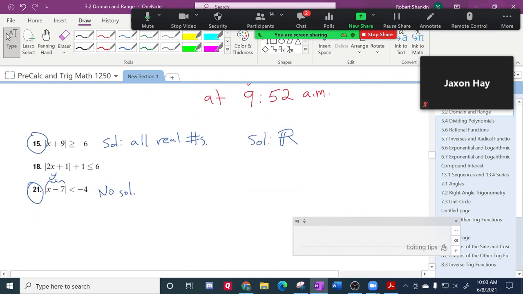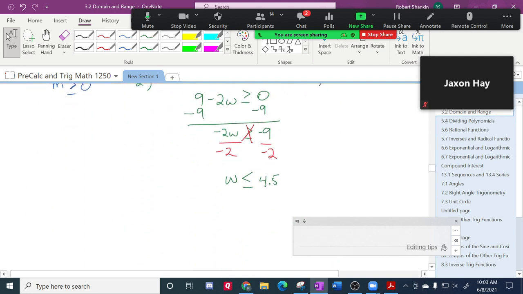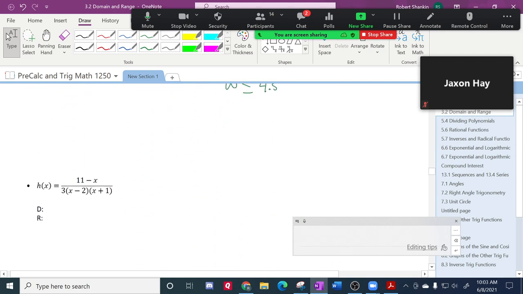But when you get problems in the abstract with no context, you're not allowed to say fractions are better than non-fractions, or negative numbers are not as good as positive numbers. No, you're not allowed to do any of that. The only thing you're allowed to look for is illegal values, and make sure you avoid them. And let's look at when you have a fraction, 0 in the denominator.